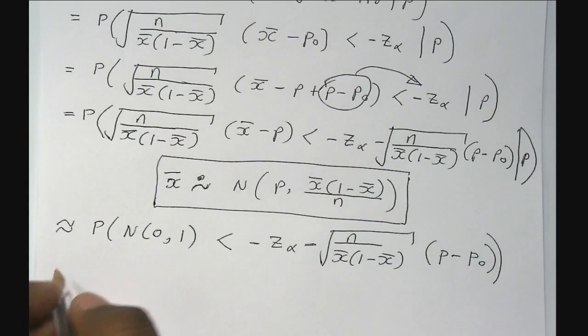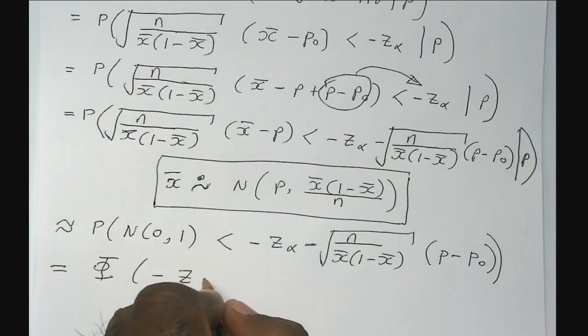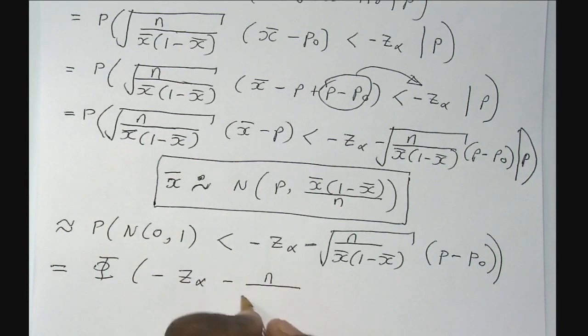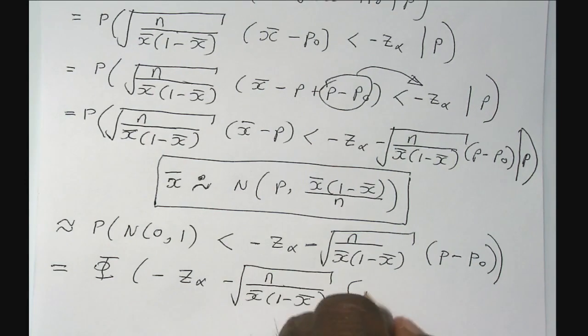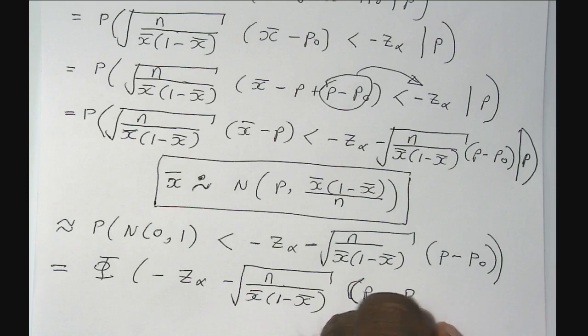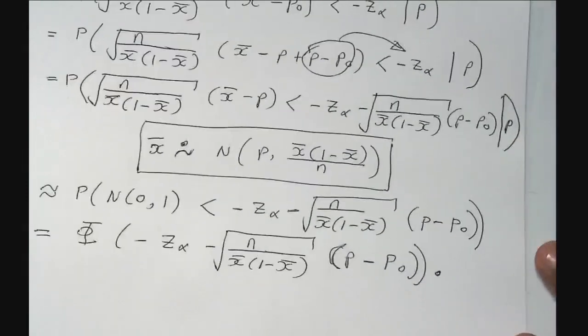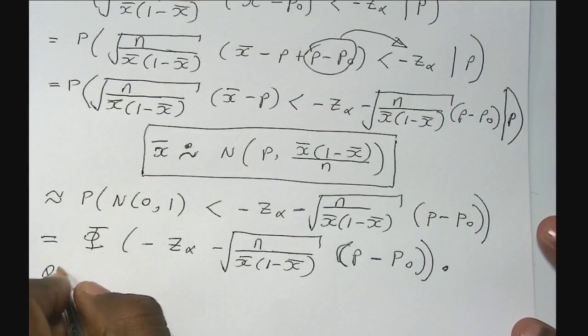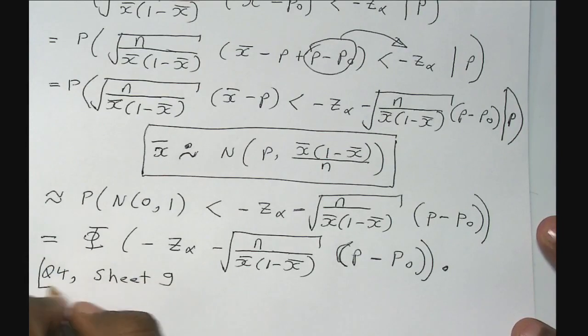So finally, this would be phi of this. Alright, so this is the approximate power function for question number 3. And question number 4 is very similar to question 3.